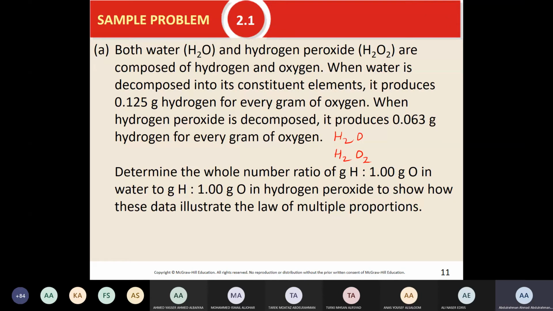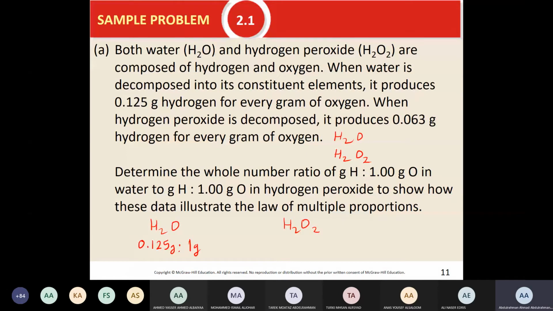Okay, H2O compared to H2O2. And let's solve this example. When water decomposes into components, it produces 1.125 gram to every 1 gram oxygen.